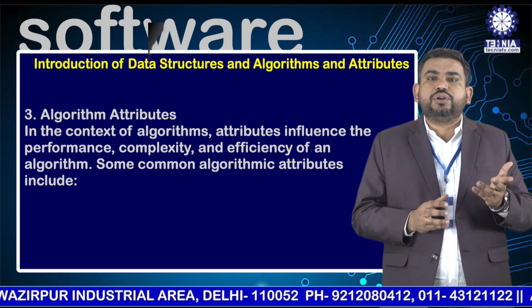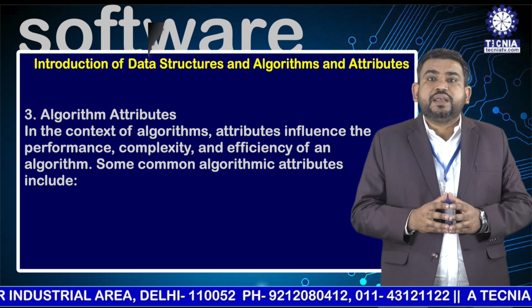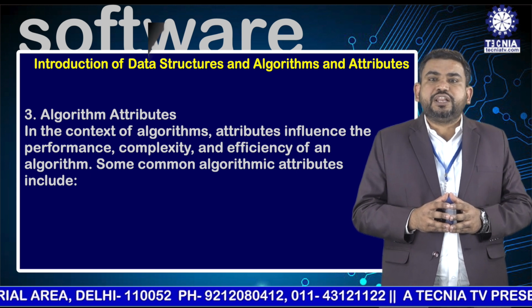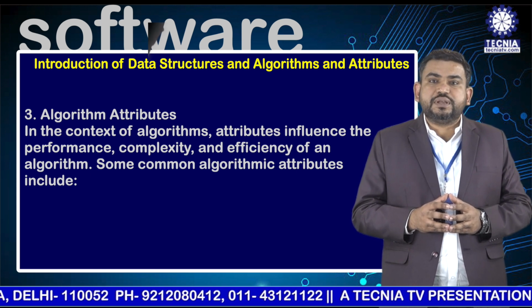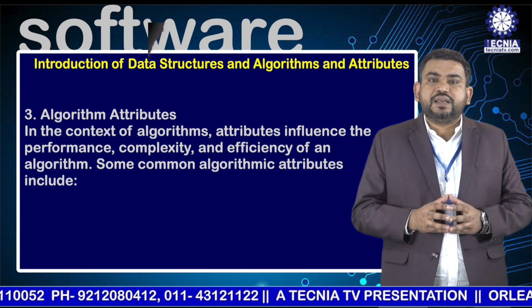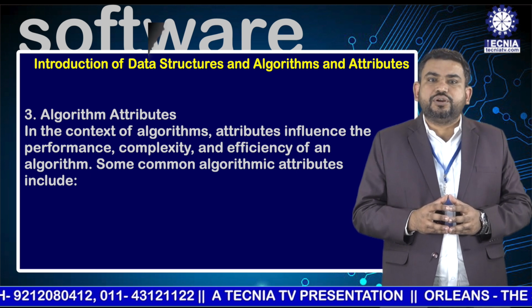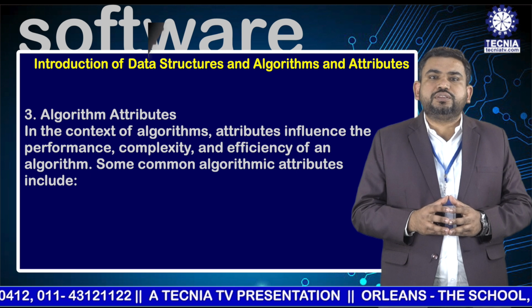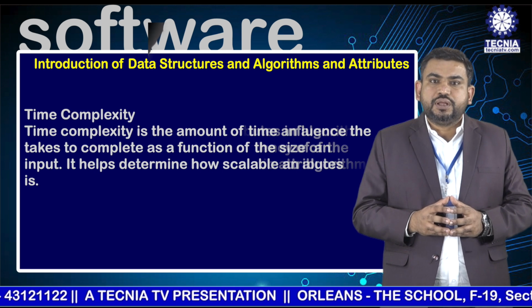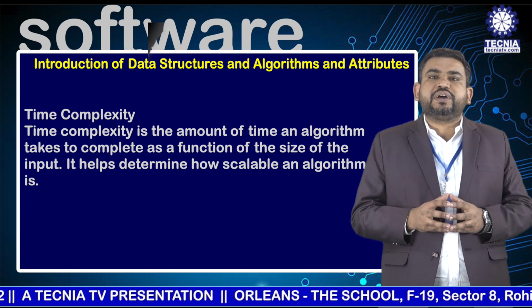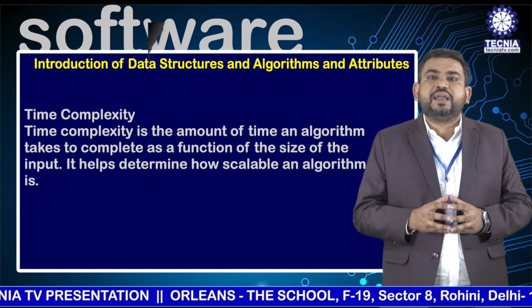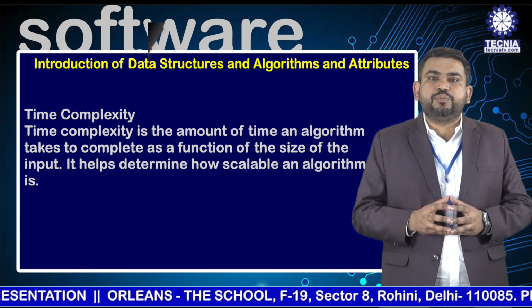Third one is algorithm attributes. In the context of algorithms, attributes influence the performance, complexity and efficiency of an algorithm. Some common algorithmic attributes include time complexity, the amount of time an algorithm takes to complete as a function of the size of the input.